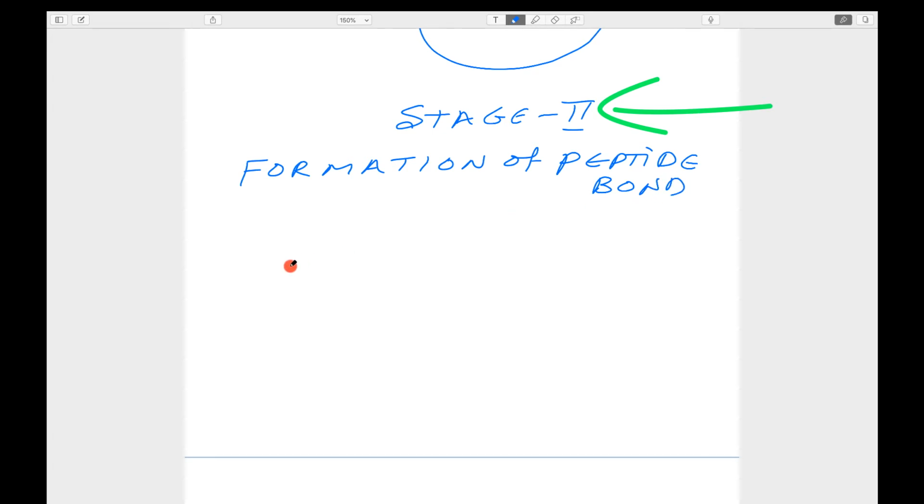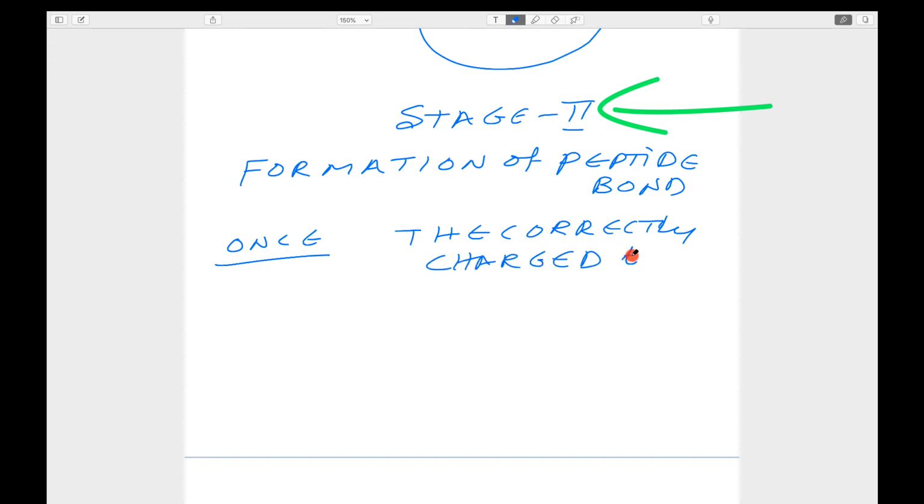What happens? Once correct alignment between codon and anticodon takes place, this charged transfer RNA is placed into the A site by correct alignment of the codon and anticodon. Then what happens here?